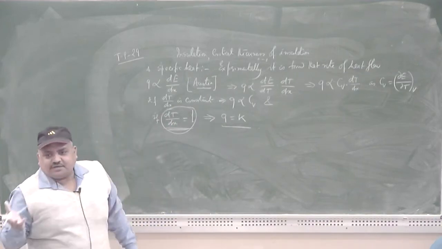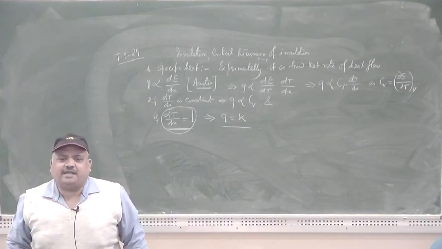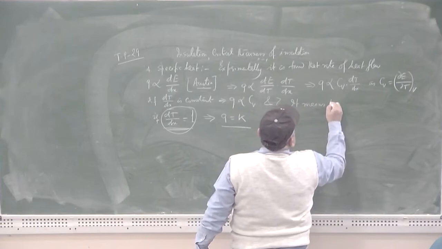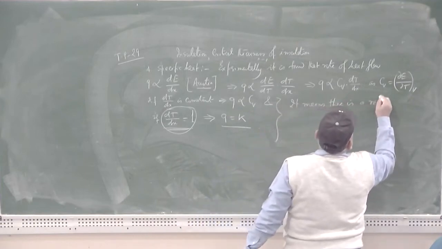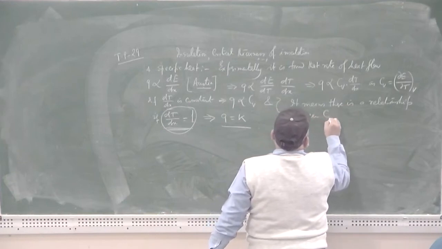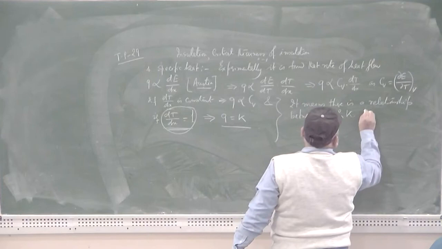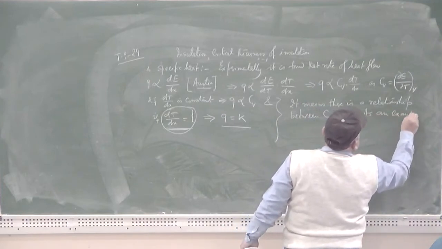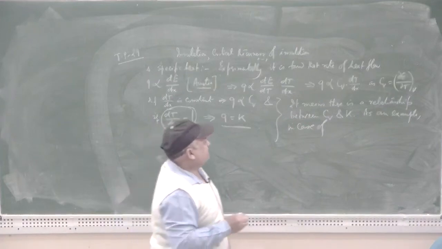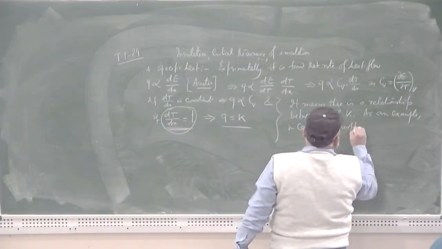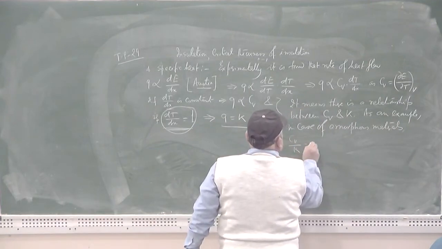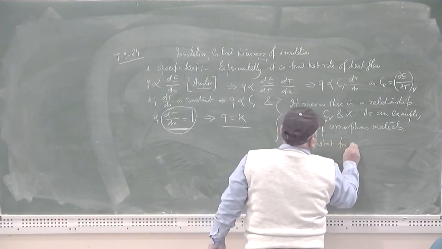It means there must be some relationship existing between Cv and K. As an example, in the case of amorphous materials such as metallic glass, the value of Cv by K is equal to a constant for a wide range of temperature.